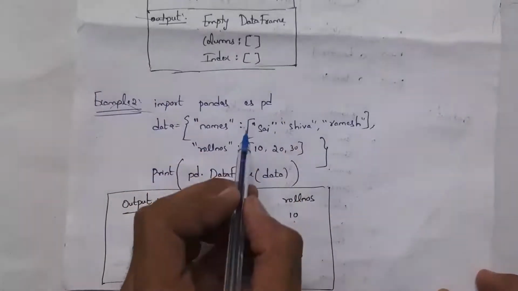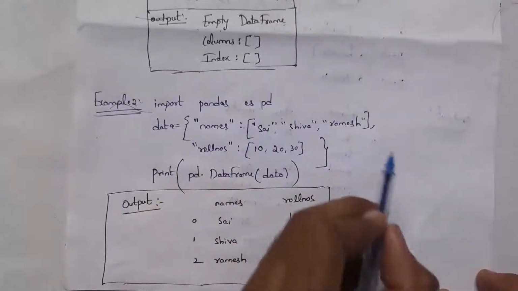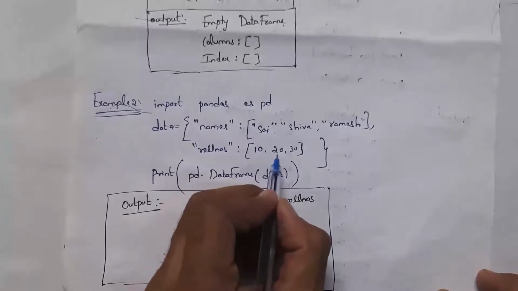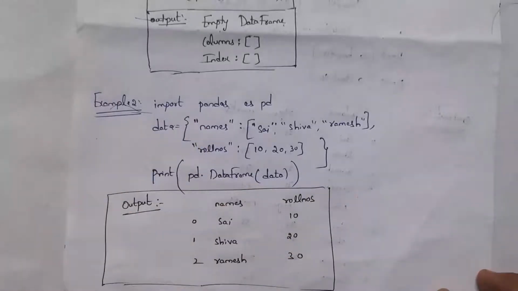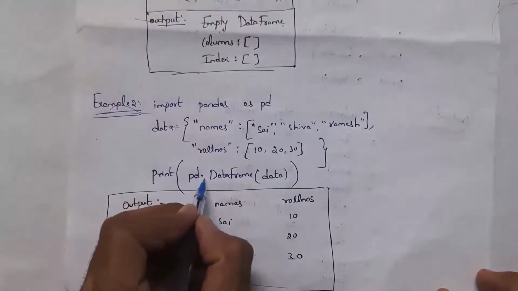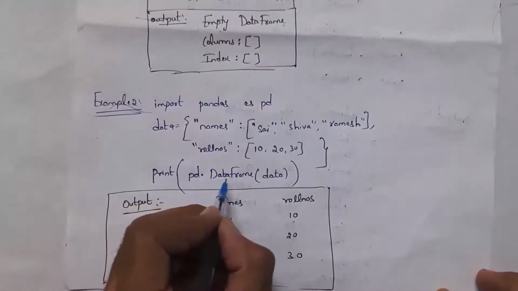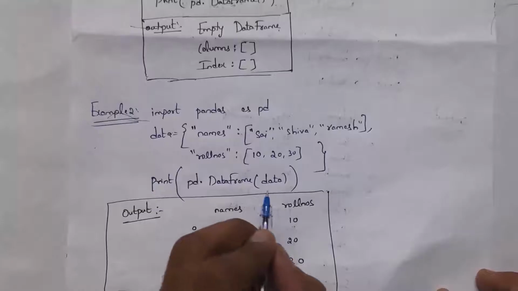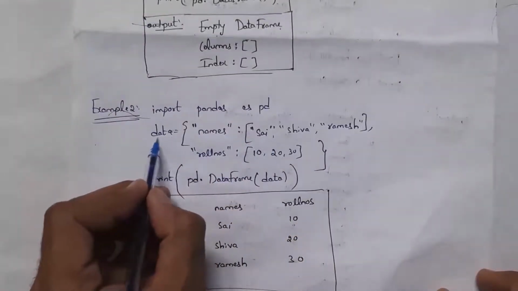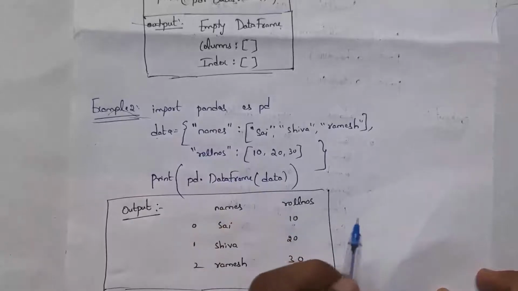Inside the list I am taking Sai, Shiva and Ramesh, comma, next similarly roll numbers, colon, 10, 20, 30. This is the dictionary. And next I am writing print, my library name, that is pd.DataFrame. Guys, for DataFrame, D is a capital letter and F is a capital letter. And inside brackets, my dictionary is present in variable data. So inside this write data.